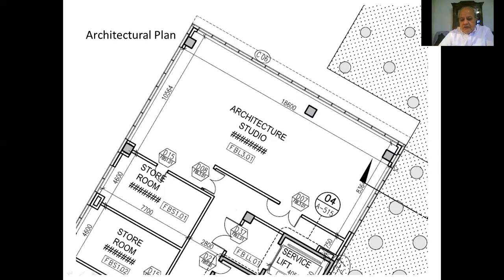How do we deal with the exterior part of the building? How many layers do we have? Do we have a screen? Do we have a brick wall? Do we have cladding?